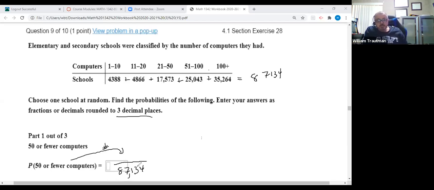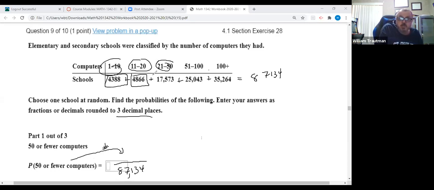87,134. So how many were 50 or fewer? Do you see this is 50 or fewer? These three are 50 or fewer. So we're going to just add these three up. 50 or fewer computers.